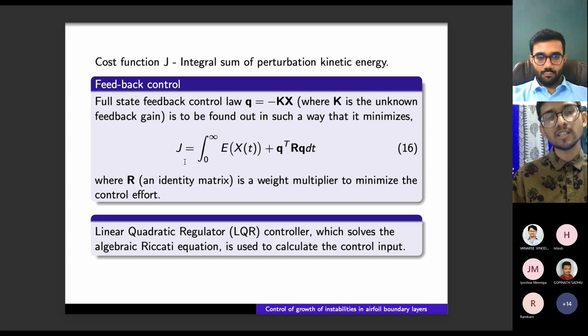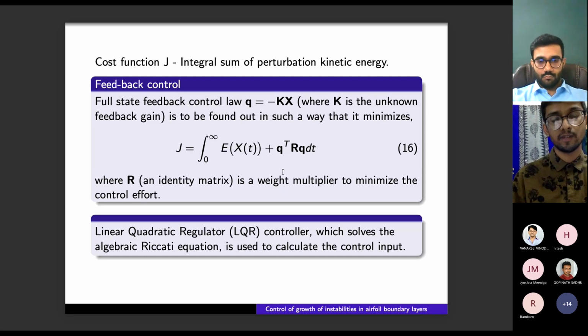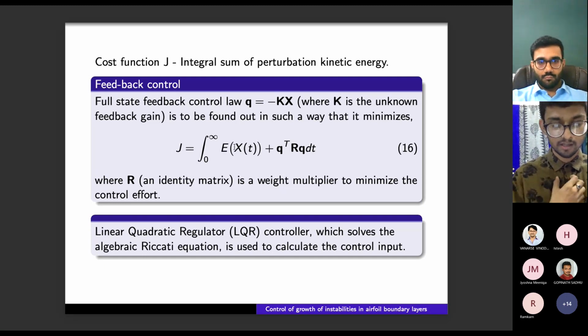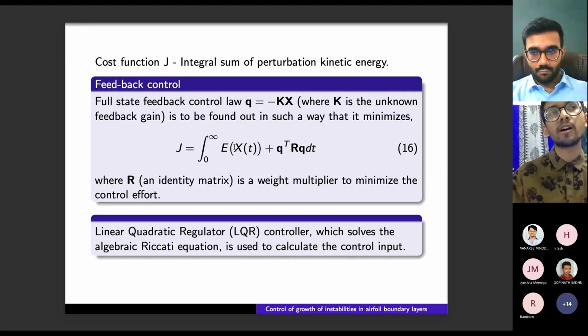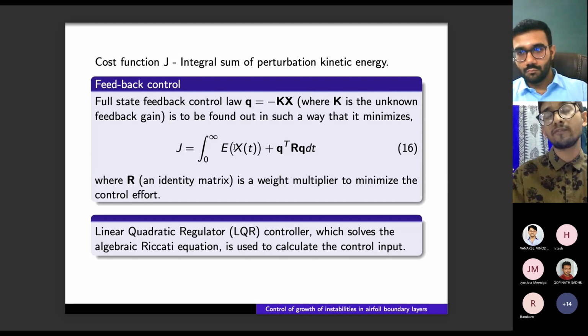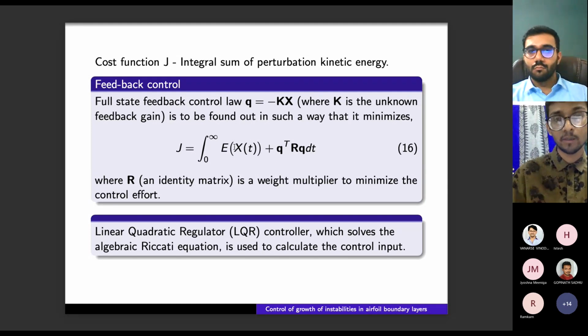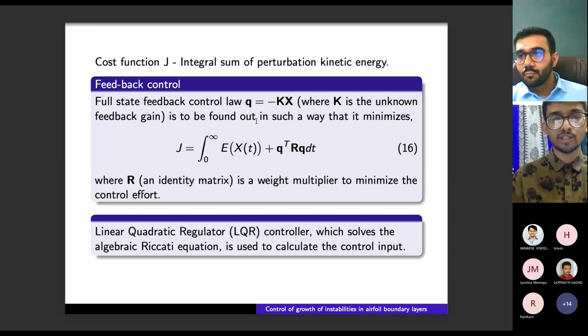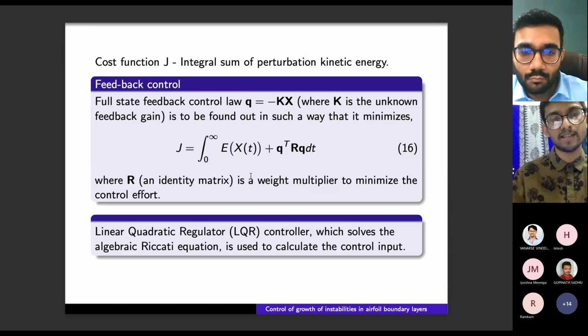So we form a cost function J that has the energy and the control input. The energy is integrated over the entire domain. We find the appropriate feedback q to be given to the system in order to manipulate it so as to get minimized energy.